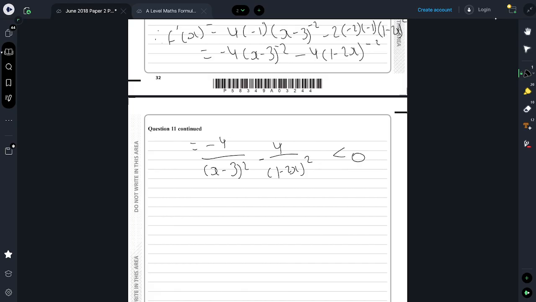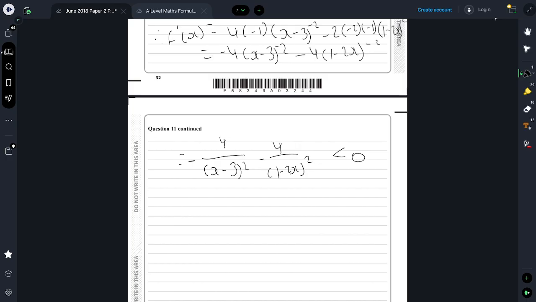It's a square number. But actually, let's make this clearer. Let's put the negative on the outside. So the fraction itself is positive, right? A positive number on either side. But there's a negative. So a negative times a positive is a negative. So the overall thing has to be negative.